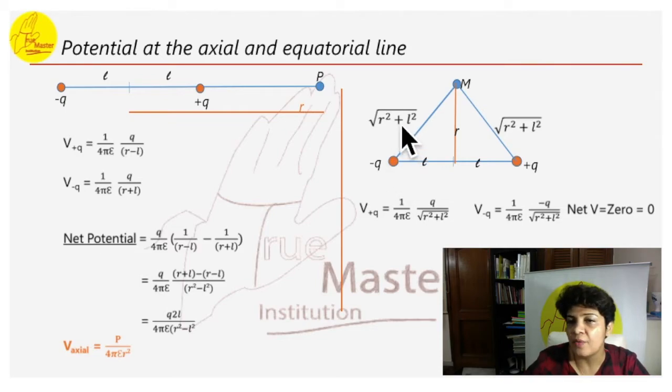Now when we substitute the value in our general potential formula, the point formula, 1 by 4 pi epsilon naught q by r, instead of r, the distance between the charge and the test charge is this. When we substitute the values, one being negative charge and one being positive charge, and add these two up, the net potential will be 0 on the equatorial line.